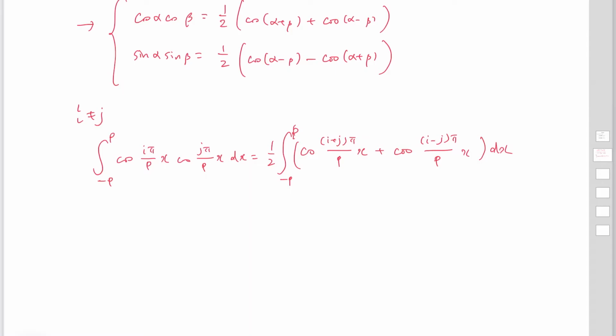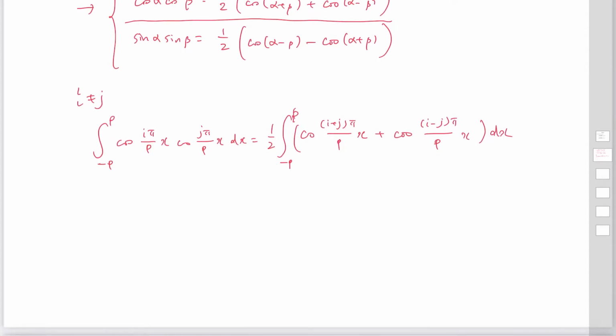So we use the first equation to change the product into two terms. Then we can perform these integrals.